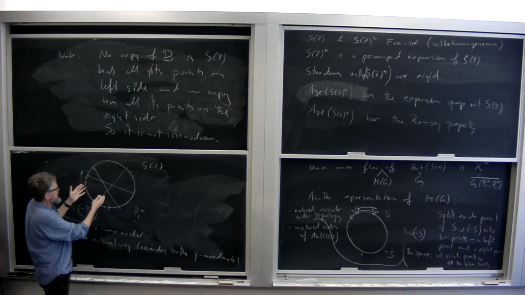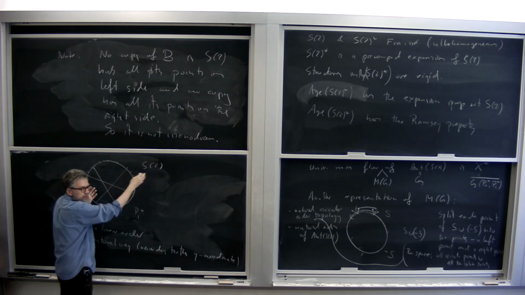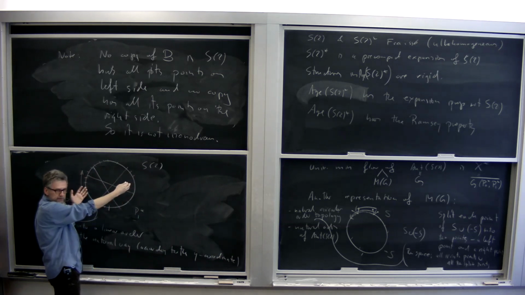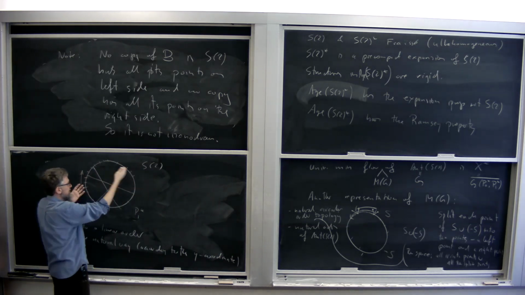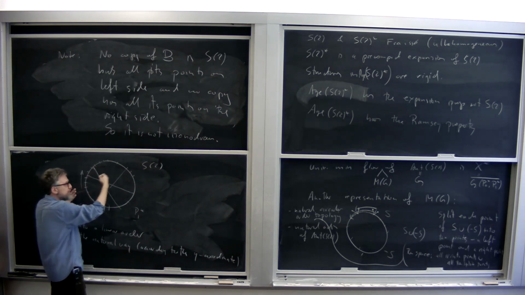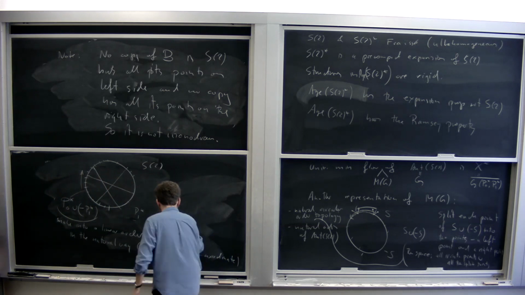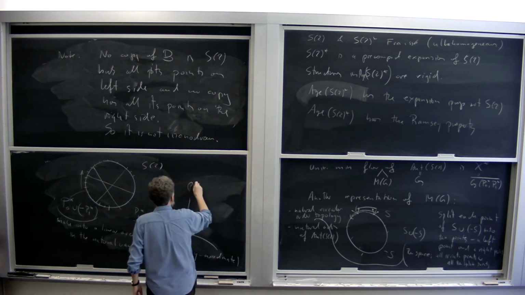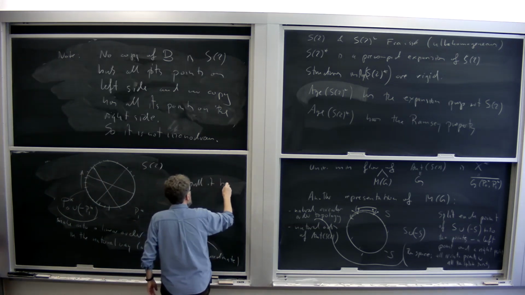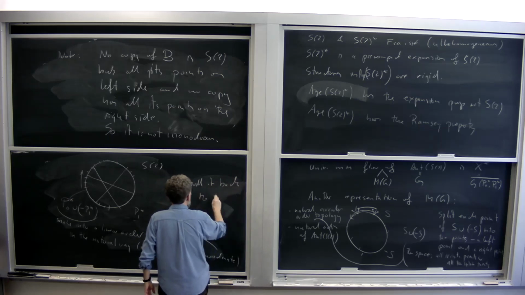And then, of course, you want the linear order on S of 2, so you just pull it back. There is a bijection from S of 2 to here, and then you pull back the linear order to S of 2.